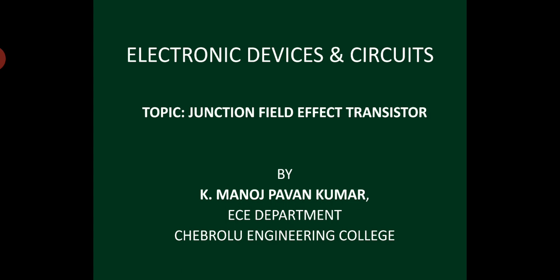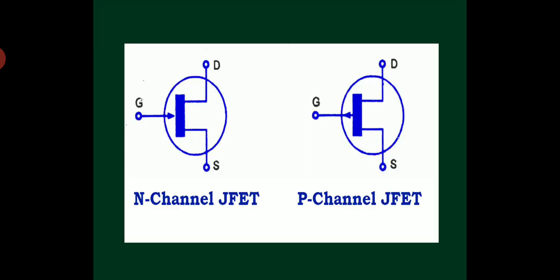We have seen in common base, common emitter and common collector configurations that the output current is dependent on the input current for a transistor. In common base configuration, input current is IE and output current is IC, so IC depends on IE.